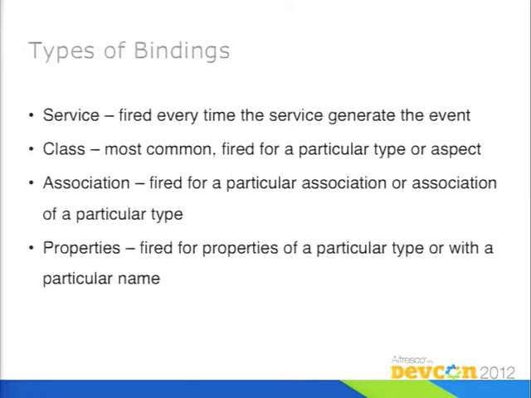Associations allow us to register for events when associations are created. And again, we can filter that based on a particular association type or the association name from the parent type. Similarly, we can do the same thing for properties. So we can, again, filter on property types or particular property names within other content.